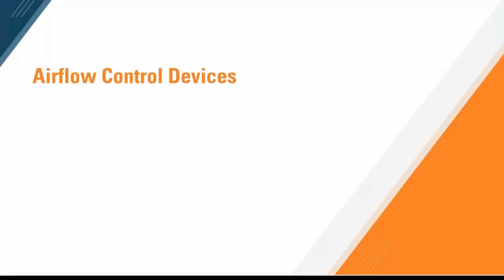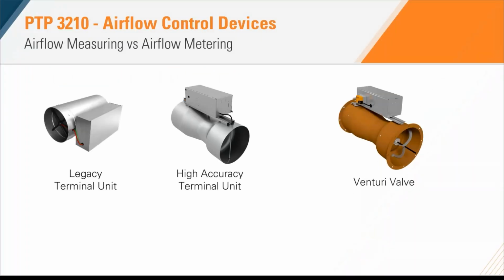So with this, we're going to go ahead and get started with the first section, which is airflow control devices. As mentioned in the introduction, airflow control valves are vital in helping keep users and buildings safe by reducing some of those hazard risks that are associated in those critical space applications. When we talk about airflow control devices, we're broadly going to break these down into three functional categories, which includes our legacy terminal unit, our high accuracy terminal unit, and our Venturi valve.